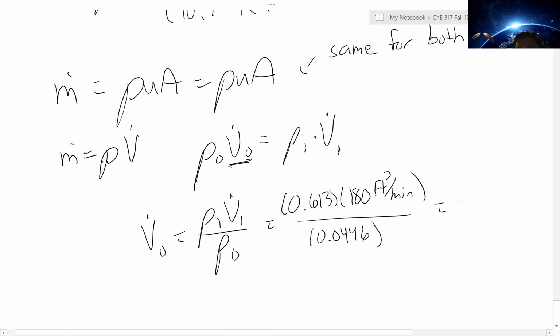And now this would give me standard cubic feet per minute. And so to make this correction, and there should be a 0 there. So you'd get a value of approximately 247 standard cubic feet per minute.